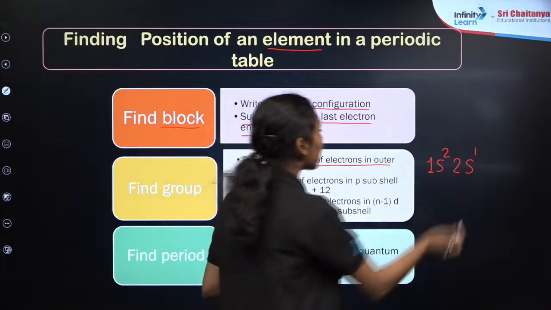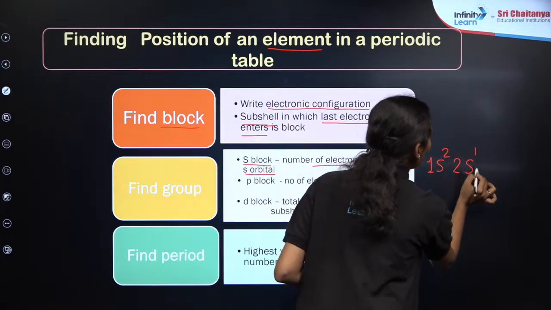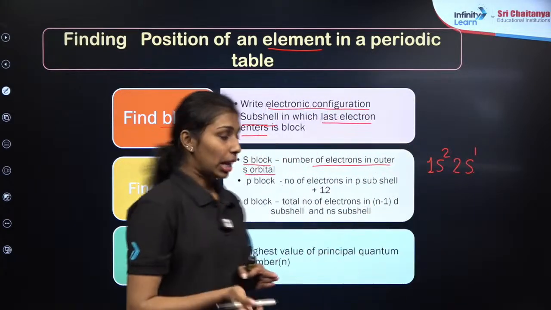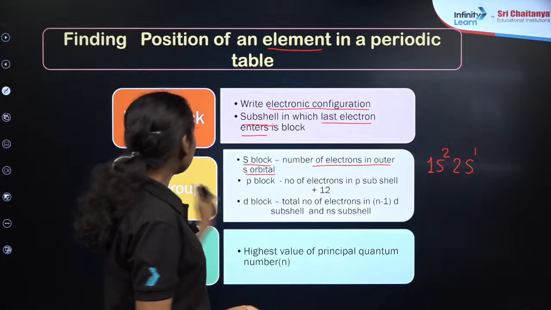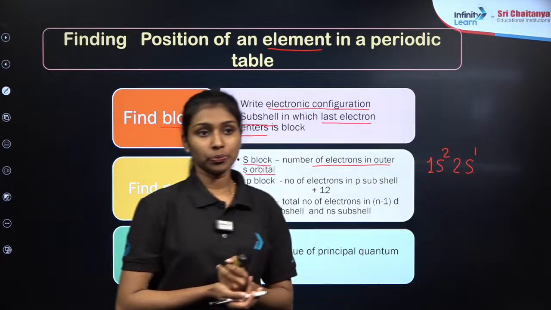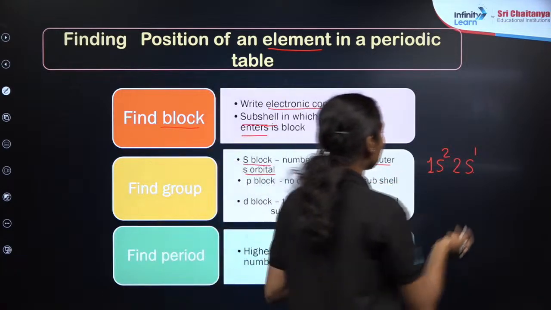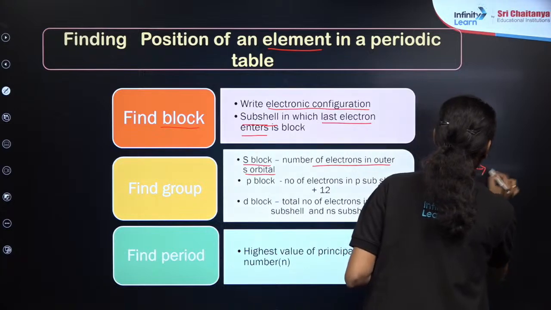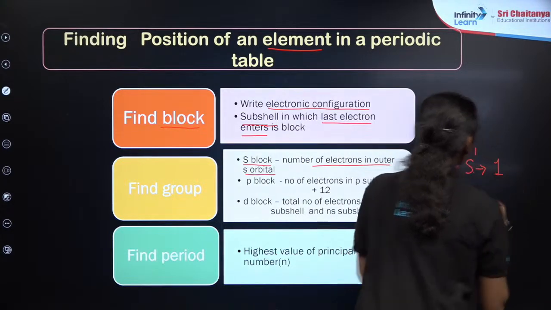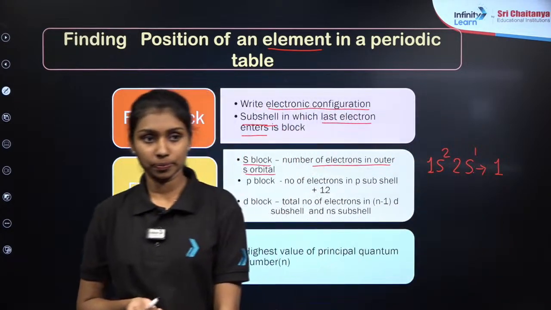Here you can see that the last electron has entered into the S subshell. So this is an S block element. Then what will be the group of this element? Same as the number of electrons in the S subshell, which means 1 will be the group of this element, right?